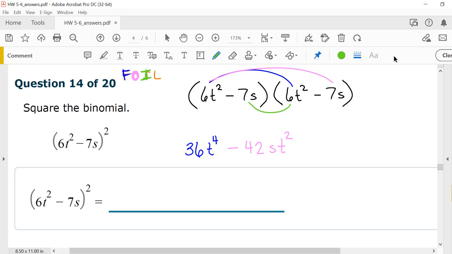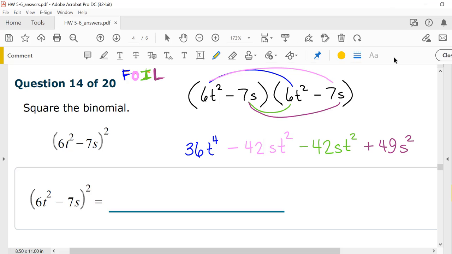Negative 7 times 6 is negative 42, st squared. And finally, for the last terms, negative 7s times negative 7s. Negative 7 times negative 7 is positive 49. S times s is s squared.